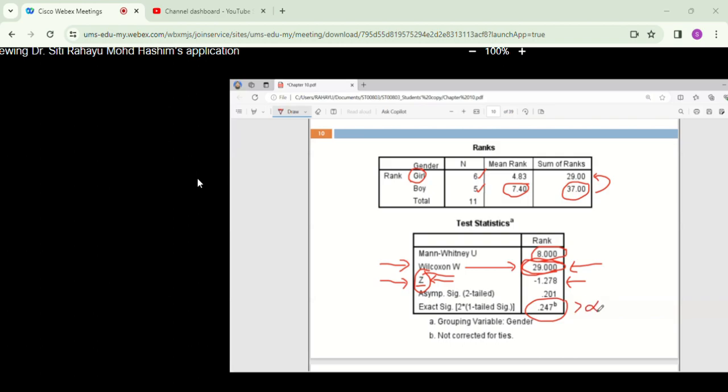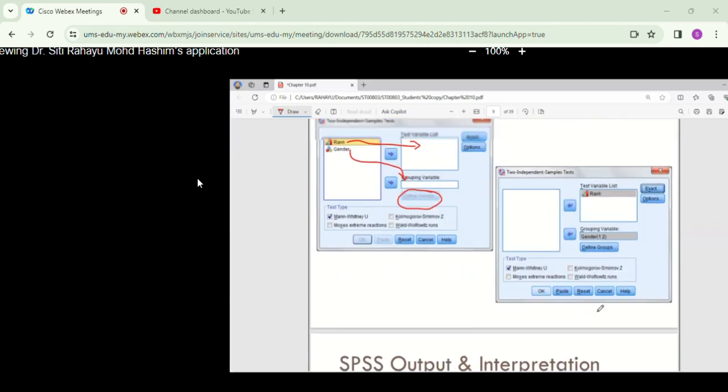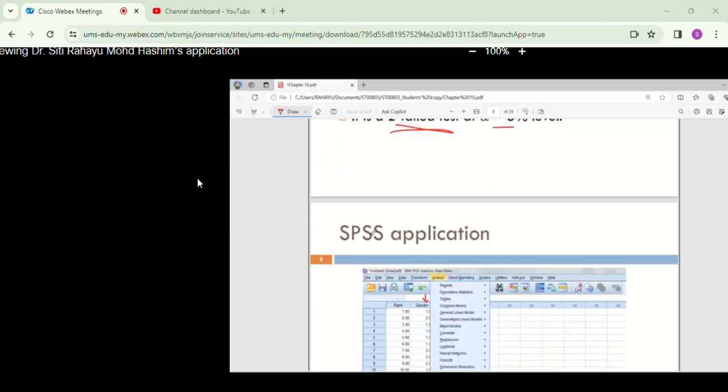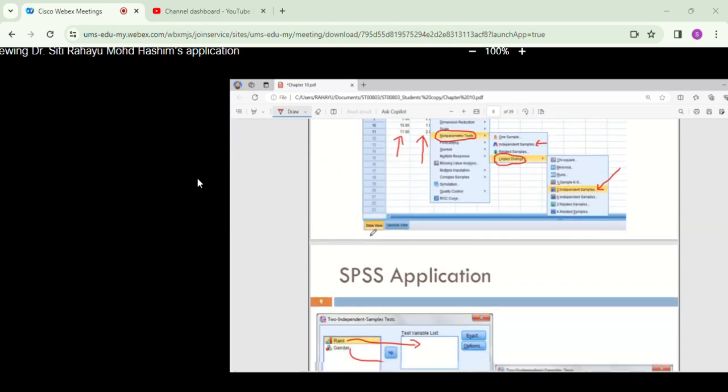So there is no significant difference between boys and girls in terms of the speed in running. Okay, all right. So there is no difference. So we cannot reject the null hypothesis. Okay, we cannot reject the null hypothesis. So the null hypothesis is hold as true.